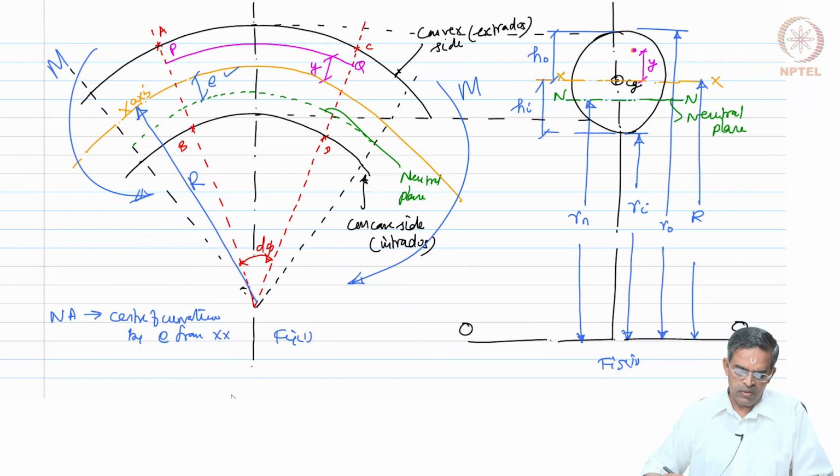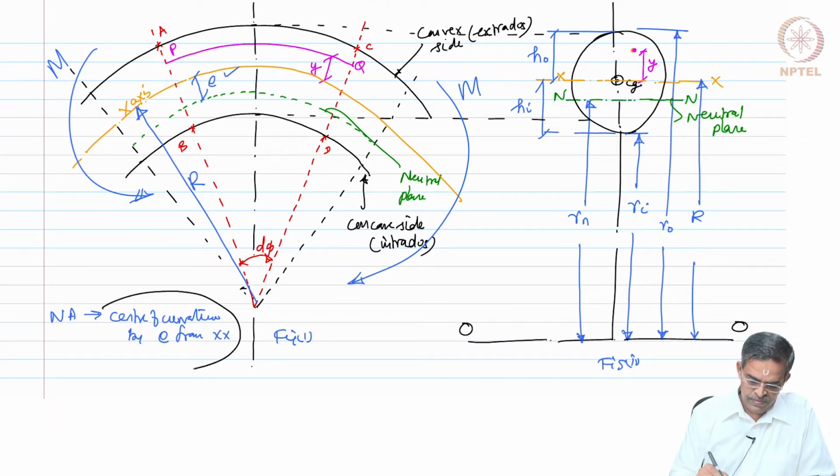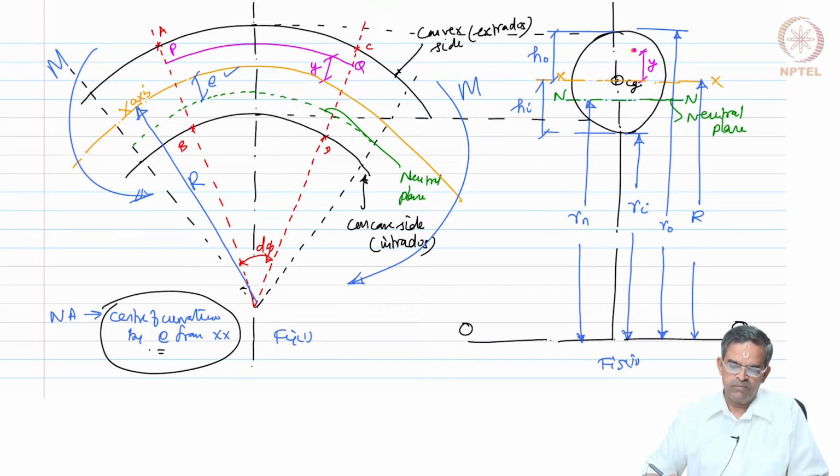This is a very important statement, friends. Okay. This is moving towards the center of curvature by an amount E. Okay. We pick up a fiber at a distance y measured from the x axis, which is away from the center of curvature, and we mark that fiber as PQ.